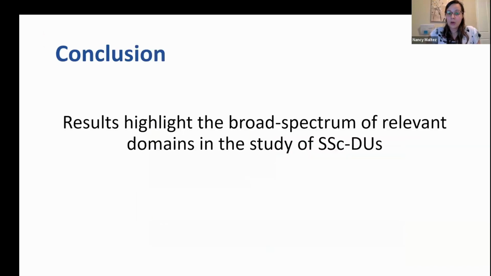So I think overall, this highlighted, again, the broad spectrum of relevant domains in the study of DUs. I think what was also important pertaining to our working group is that there was a lot of overlap in terms of similarity in the domains, and that was very helpful for us to learn before moving forward and achieving consensus.